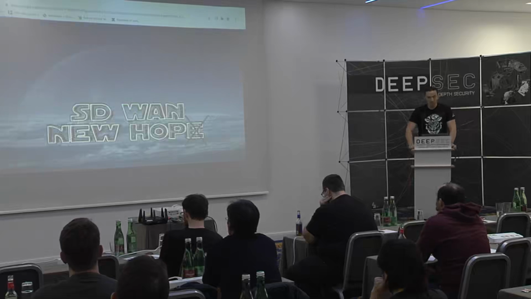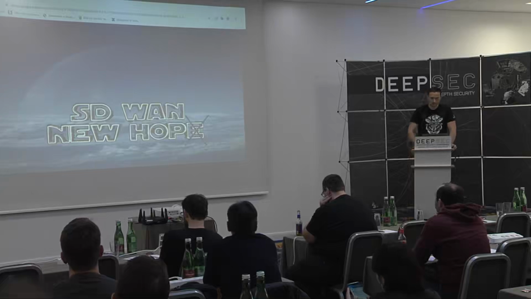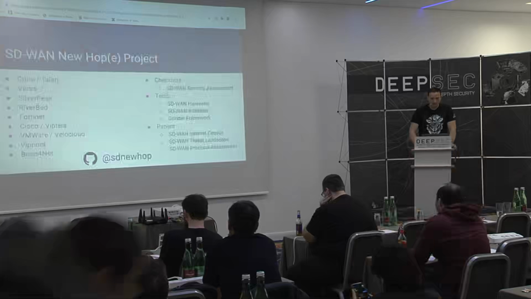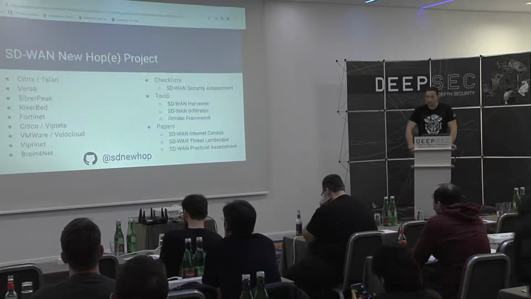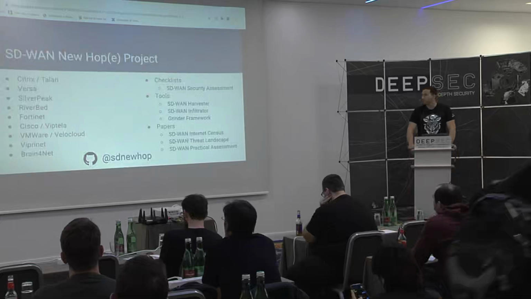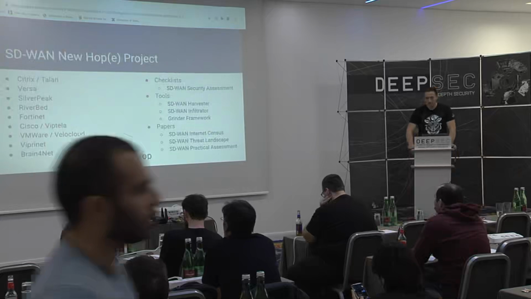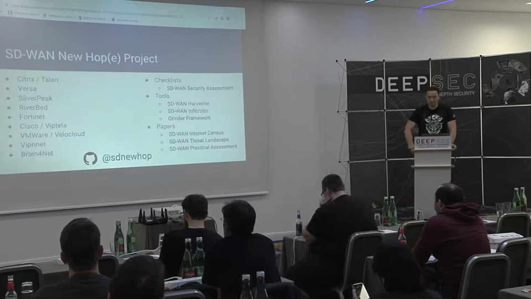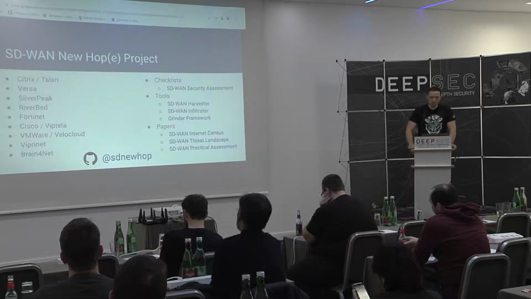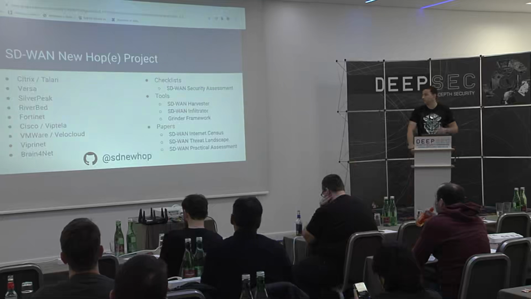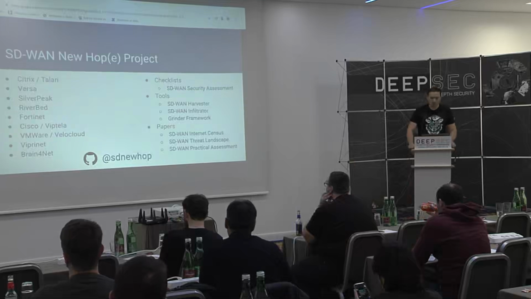The SD-WAN New Hope project targets implementation security of SD-WAN products, and it was started in 2017. We have investigated the following products, developed some special security tools and frameworks for scanning and fingerprinting, and there are technical papers.